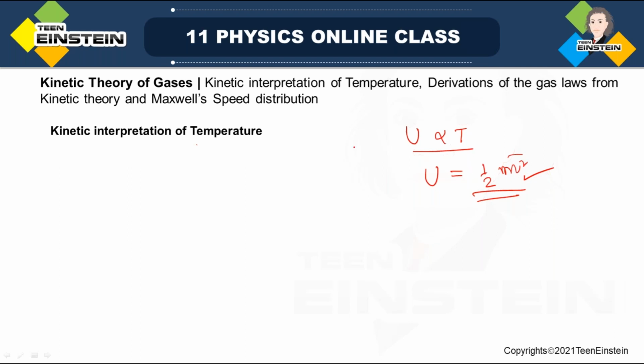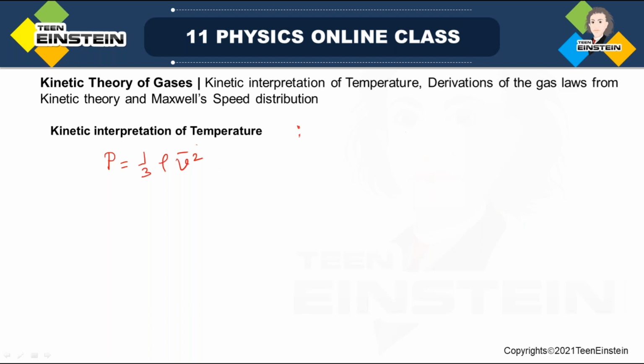So see, in the kinetic theory of gas we have got P is equal to 1/3 rho V average square, that I had already written a few minutes back. So let us see how we can interpret temperature from this particular equation.